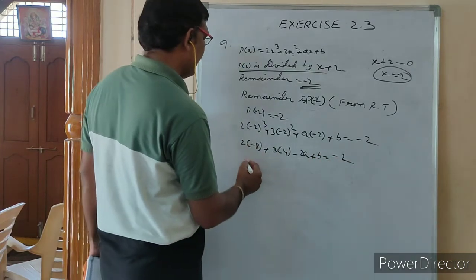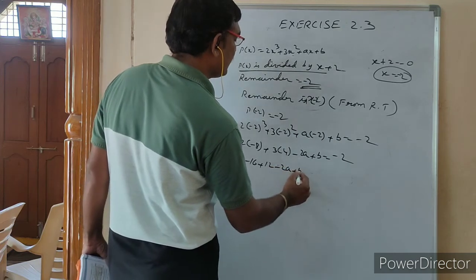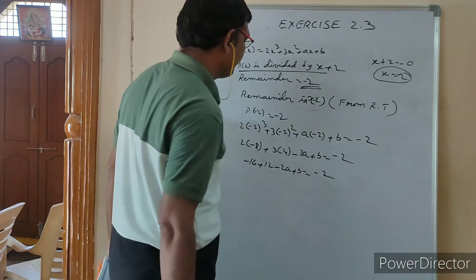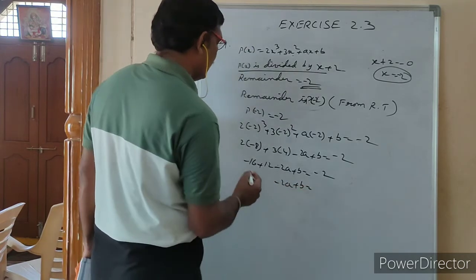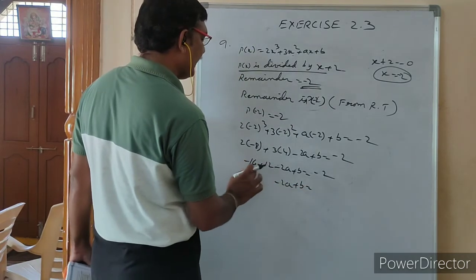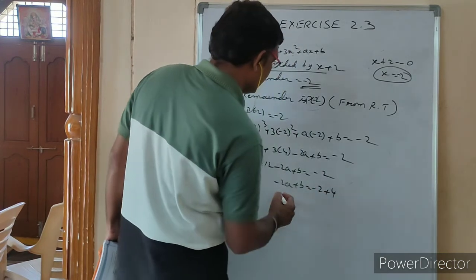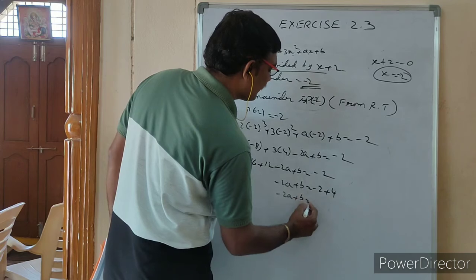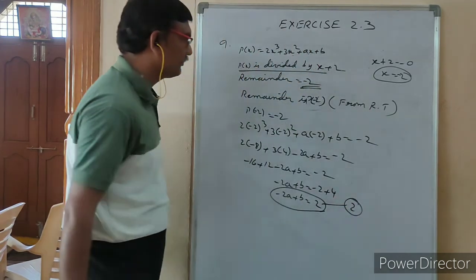Multiplying, minus 16 plus 12 minus 2a plus b is equal to minus 2. Keep minus 2a plus b here only. These two simplify to minus 4. Taking minus 4 to the other side, plus 4. So minus 2a plus b is equal to 2. This is equation number 2.